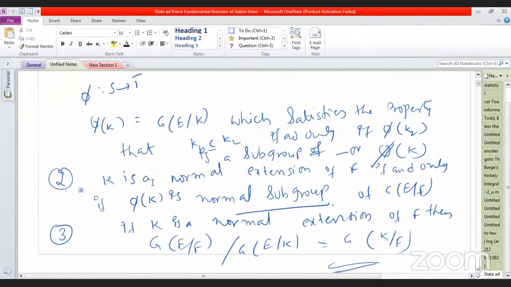What is a normal subgroup? What is the meaning of normal subgroup? What is a subgroup? You are thinking about exams in the July first week, and you did not know the normal subgroup. Sir, x and x inverse belong to N. So that is a subgroup.